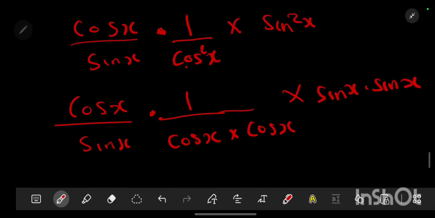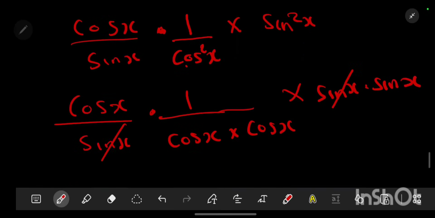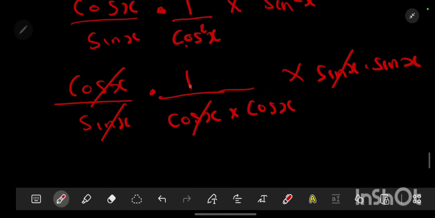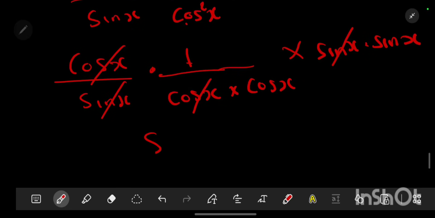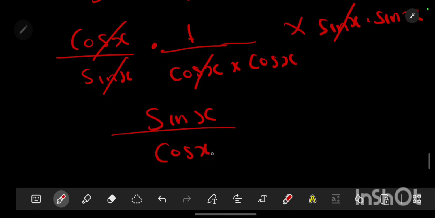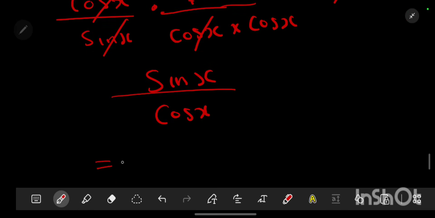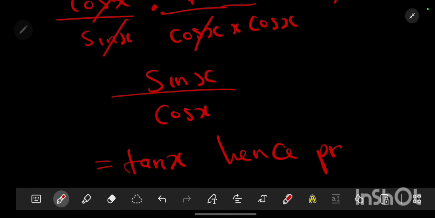So this one and this one go, then this one and this one go. So we are going to remain with sine of x over the cos of x. Sine x over the cos of x is equal to tan of x. So we get tan of x, and that is our answer. Hence proven.